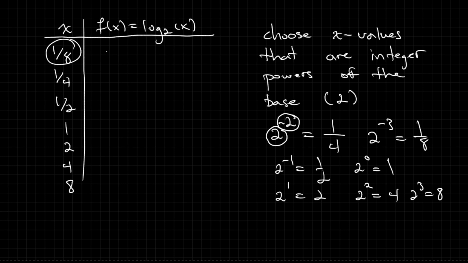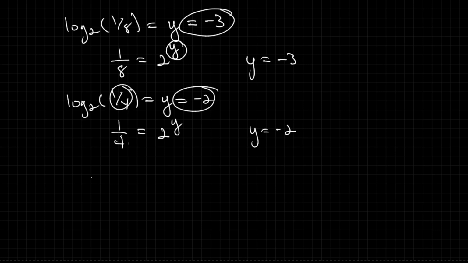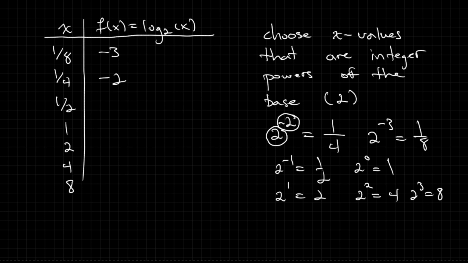Let's go ahead and fill that in, -3, -2. Let's figure out what the y value is for x equals 1. Log base 2 of 1 equals y. We switch to exponential form, and we get that 1 is 2 to the y, which means y is 0. So for the x value of 1, y is going to be 0.